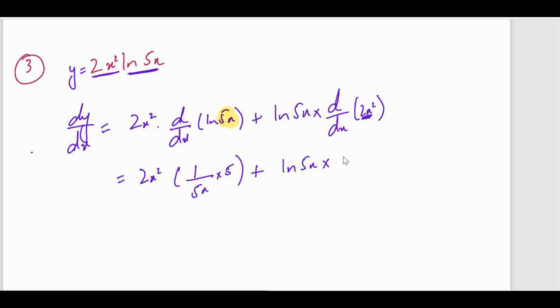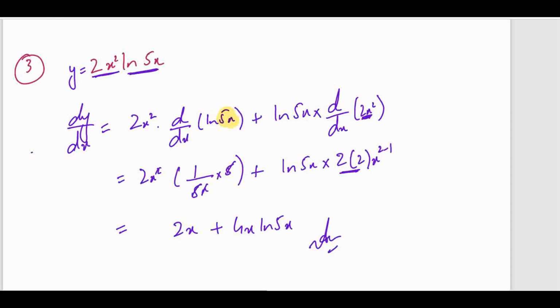So the power rule will be 2 into 2 x power 2 minus 1. Now we can cancel out these two, and we can cancel out x as well. So this will be 2x plus, now from here we will get 4x natural log of 5x. This will be the final answer.